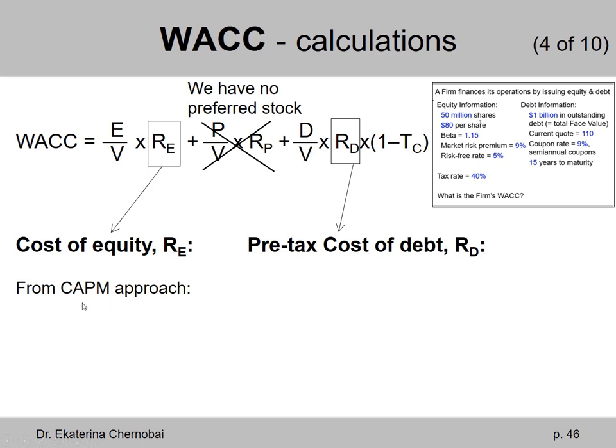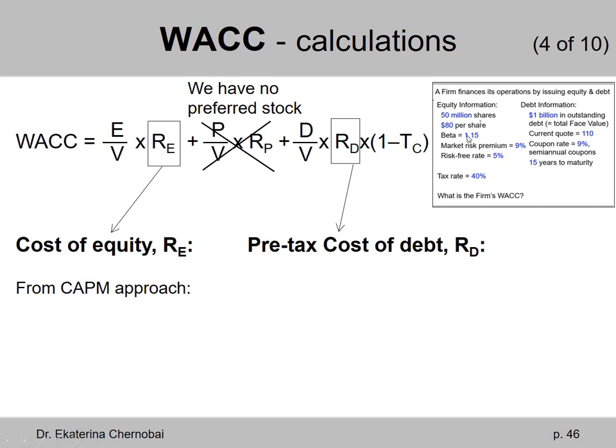Remember from way back in this chapter, in one of the very early slides, we looked at two different formulas for how the cost of equity can be calculated, and you use the right one based on what you're given.